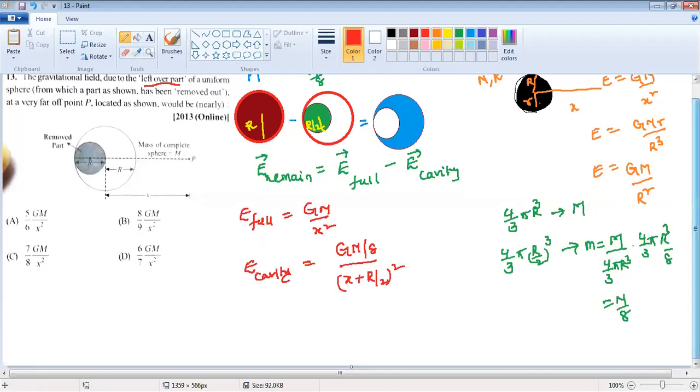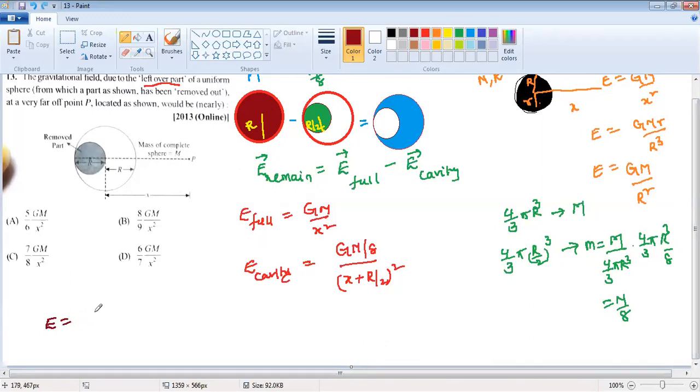Now the remaining part field is E equal to E full minus the cavity field.